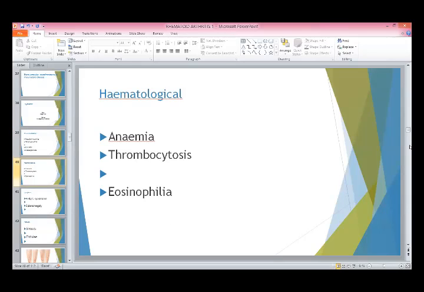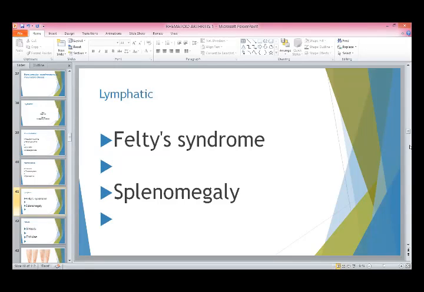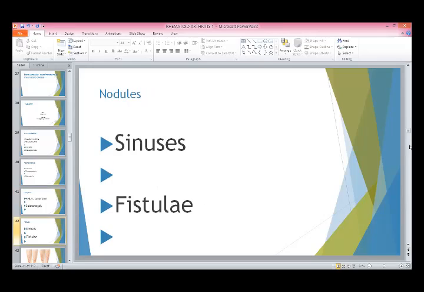Hematological involvement that can lead to anemia, thrombocytosis, eosinophilia, and lymphatic involvement that can lead to Felty syndrome, splenomegaly, and nodule formation that can cause sinuses or fissure formation.